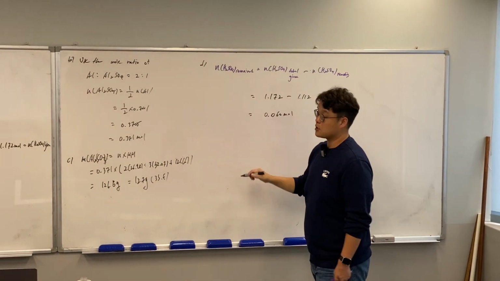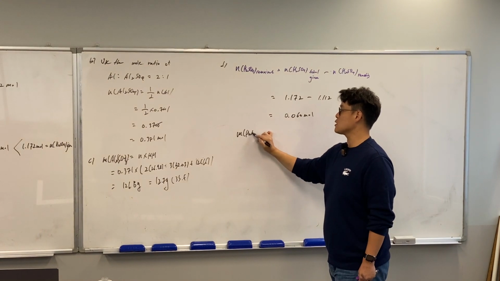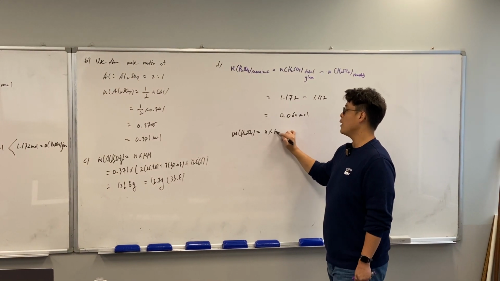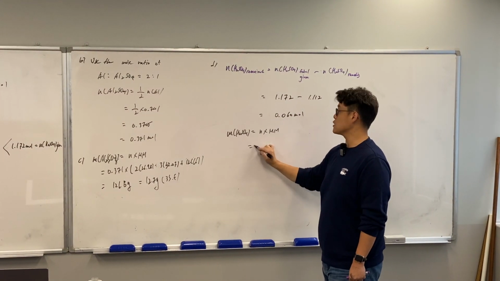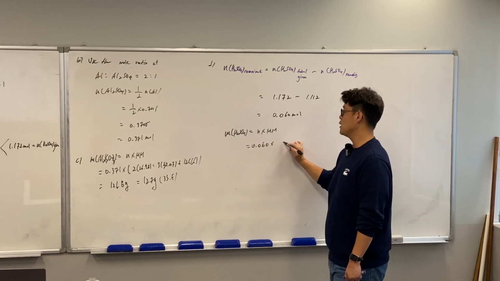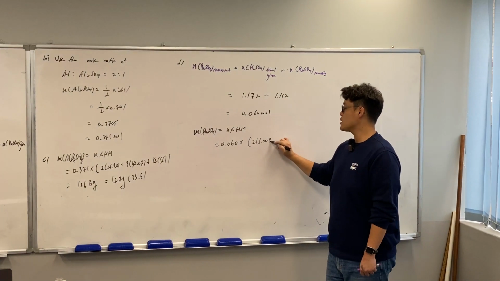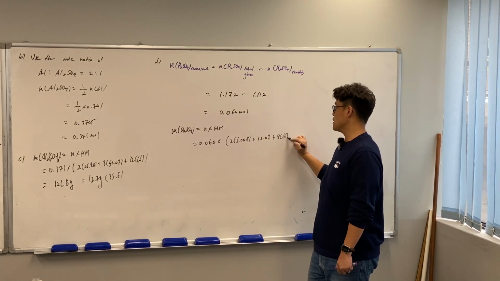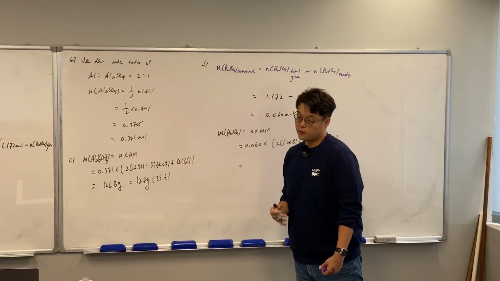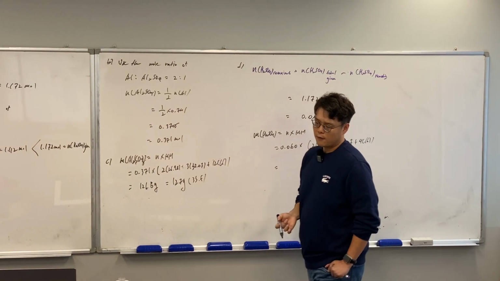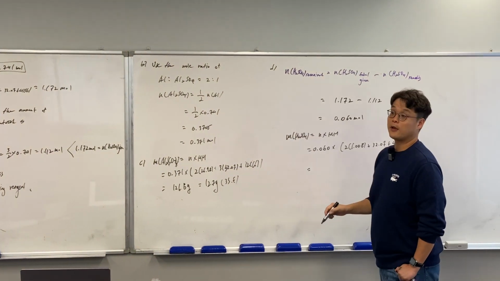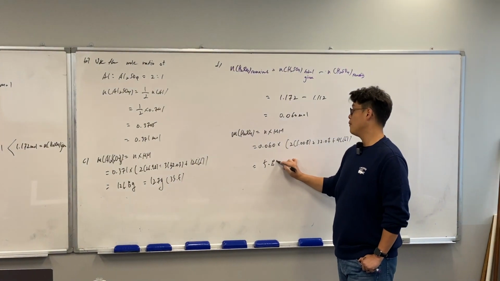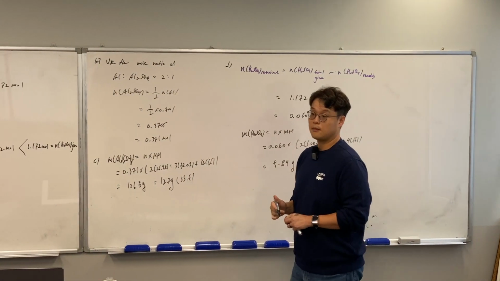From here, simply use mass of H2SO4, therefore, n times the molar mass. That's 0.060 times 2 times 1.008 plus 32.07 plus 4 times 16, like this. Then you're to get the final value of 5.89 grams in 3 sig figs.